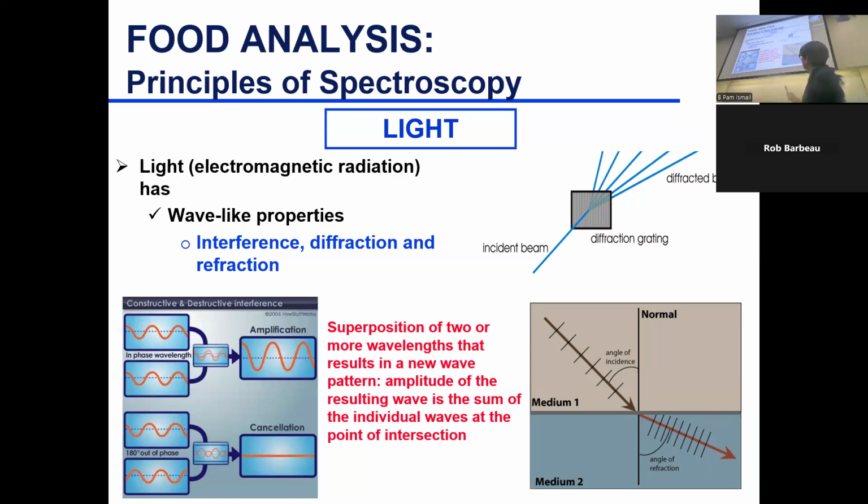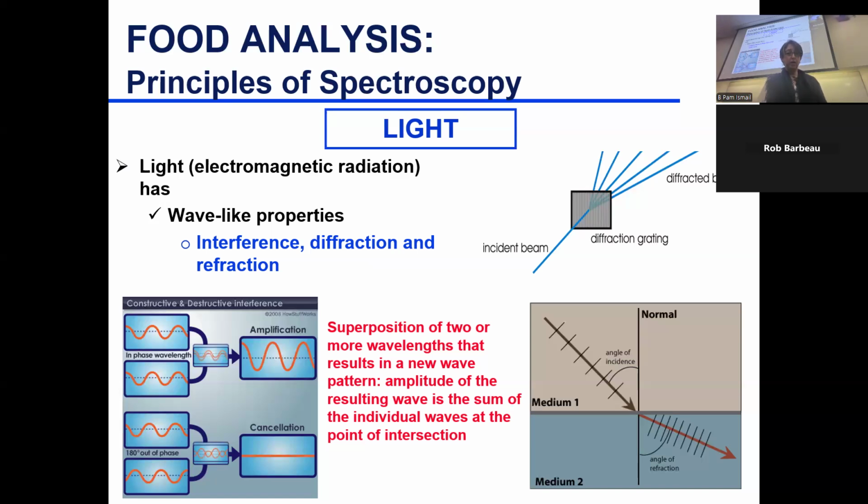So what happens here is the light hits at a particular angle in, let's say, air, and when it goes into another medium, it refracts, and that refraction is proportional to the concentration of constituents within that medium. So that is important too.